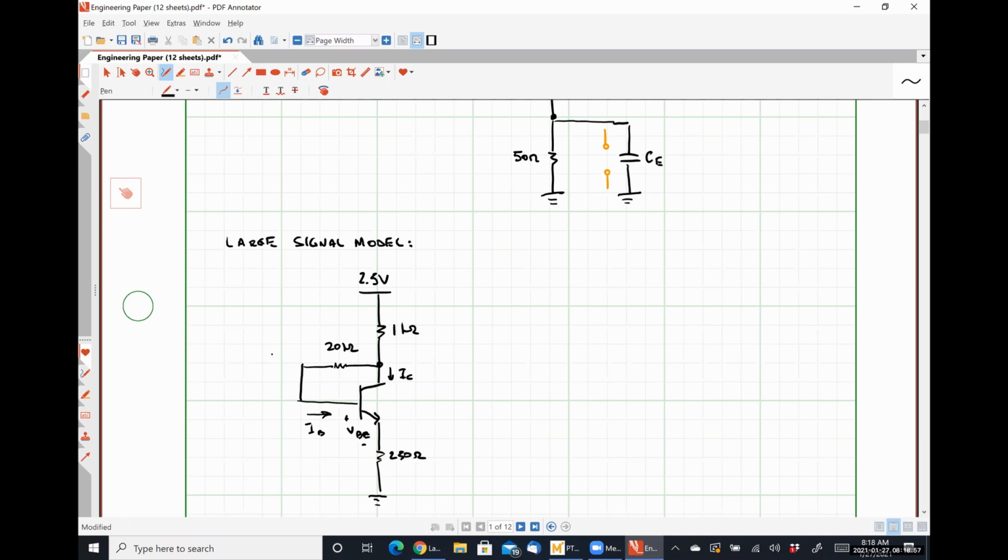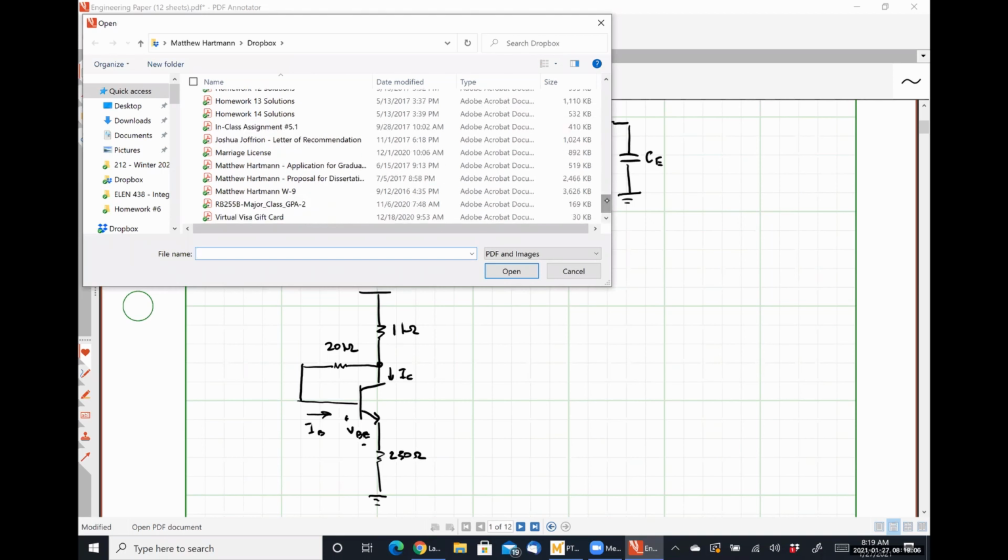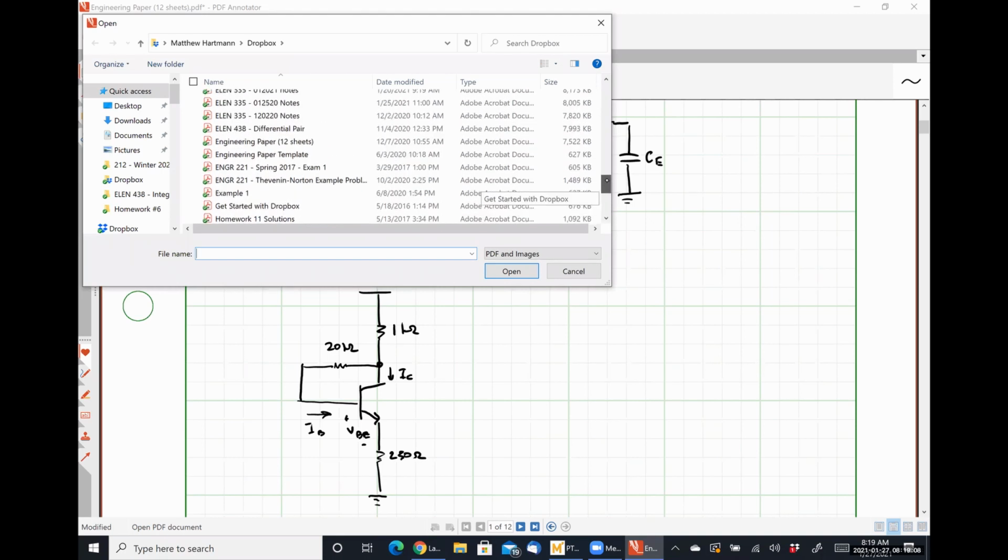So let me see real quick here if I can find those notes. If I saved them, if not, we'll go through it real quick. Let's see. Are these they? Let's find out.